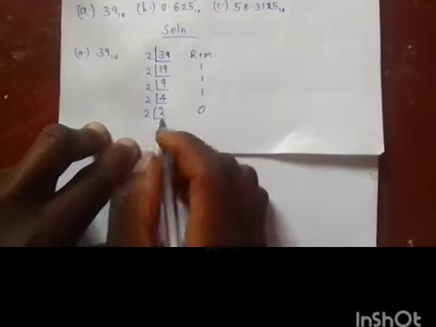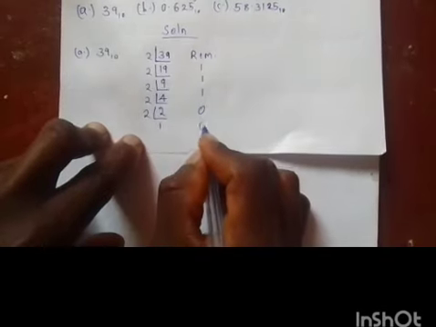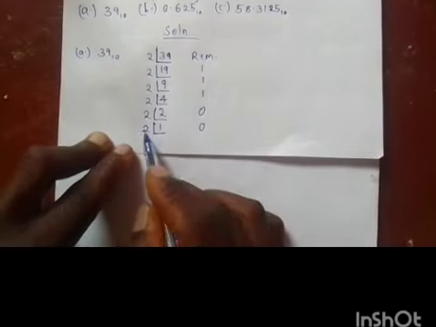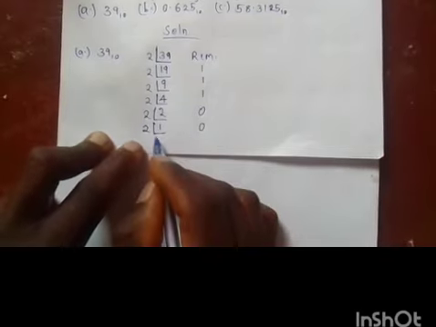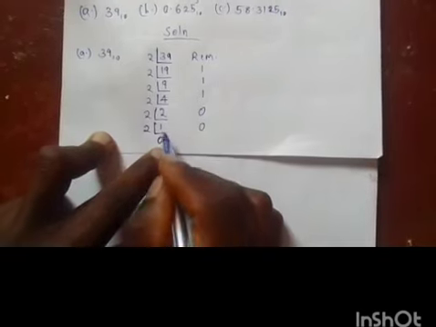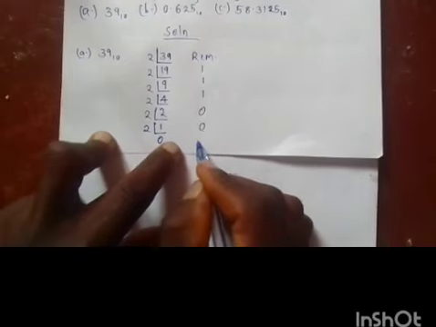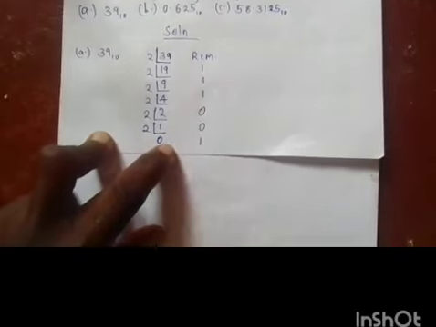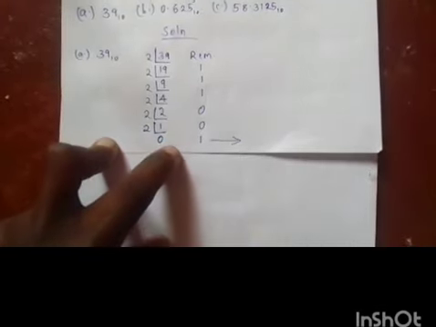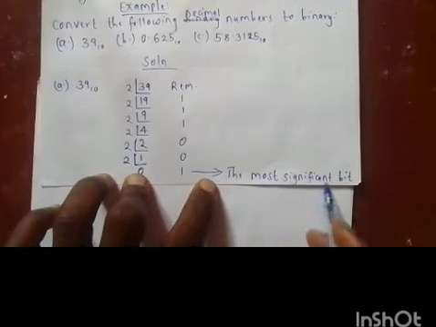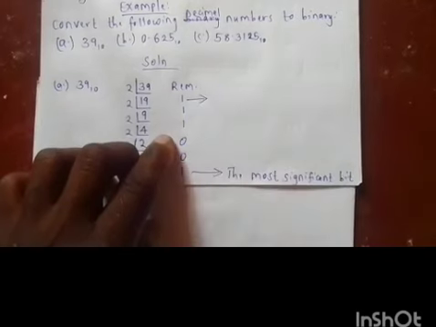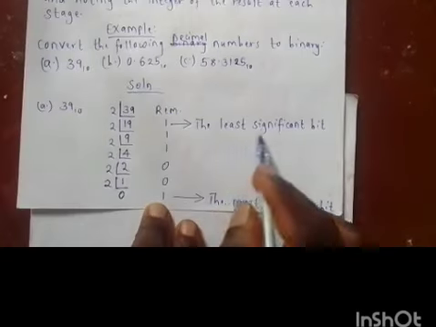Here we take 1, and the remainder is 0. Here, because 1 is less than 2, we take 0 and we take our remainder, which is 1. So this number here is the most significant bit, and this one is the least significant bit.